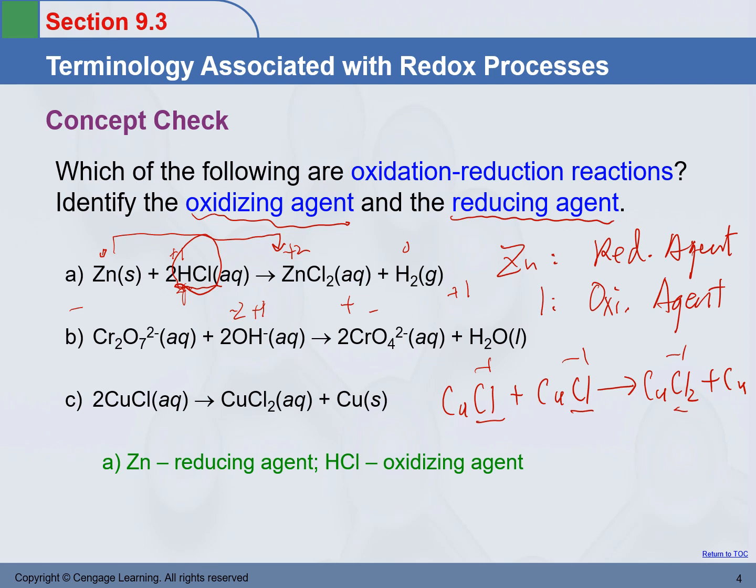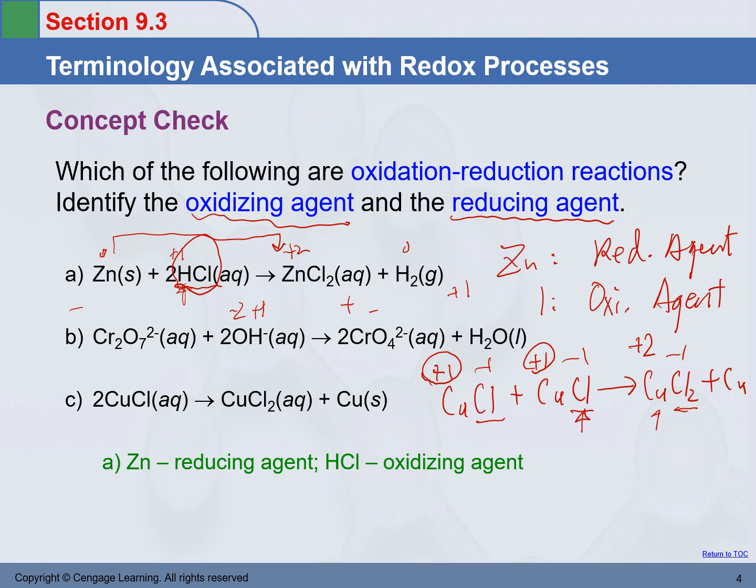Let's look at copper. If chlorine is -1, this copper is +1. There are two different copper atoms involved in the reaction. Each one of them is +1. In the product, CuCl2, this copper is +2 because there are 2 chloride ions in the formula.